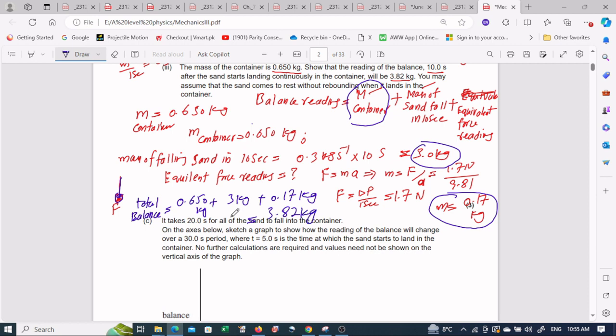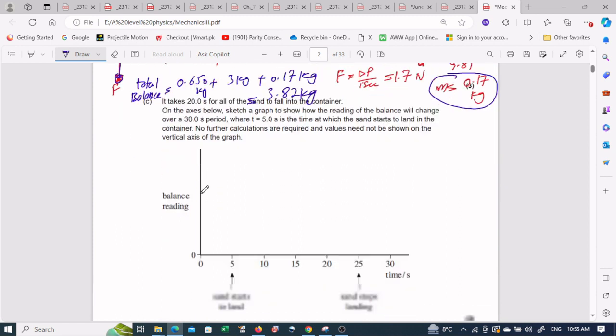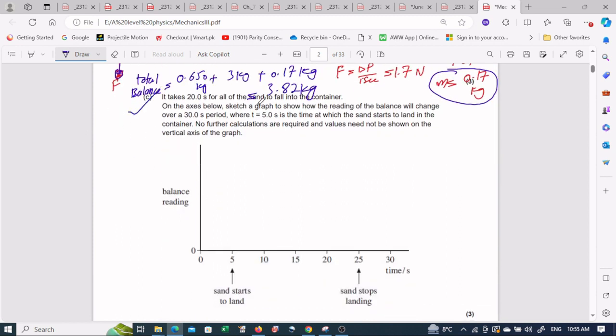So we have proved it. Now in part C, we have to draw the figure, the graph of this scenario when the sand is falling down, from 0 to 30 seconds.